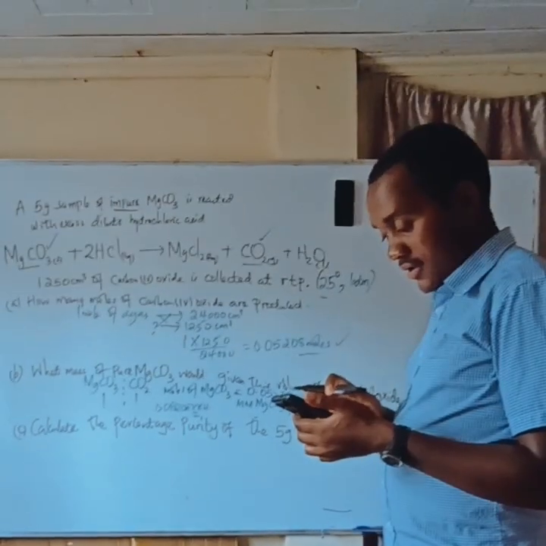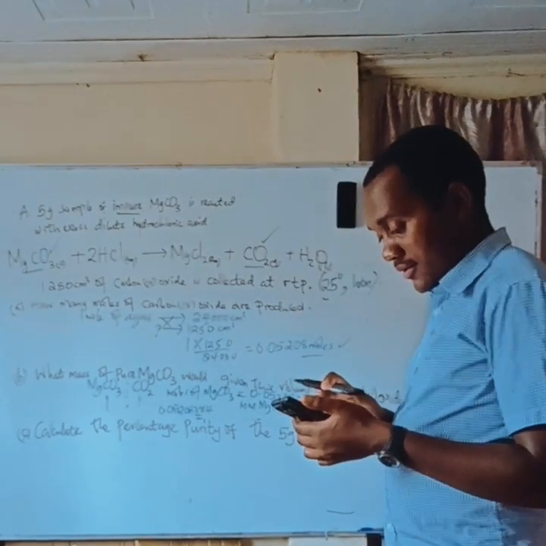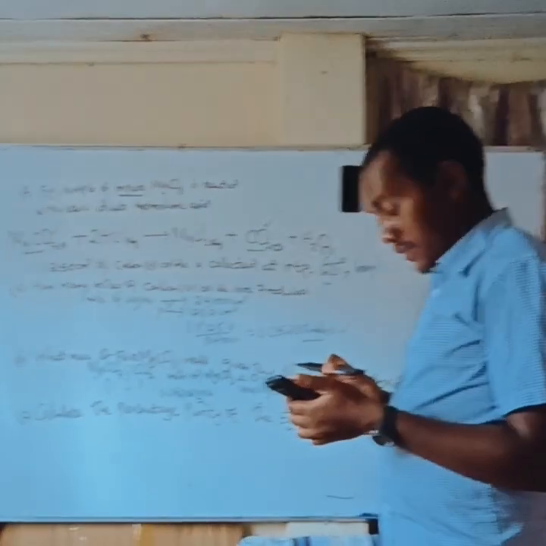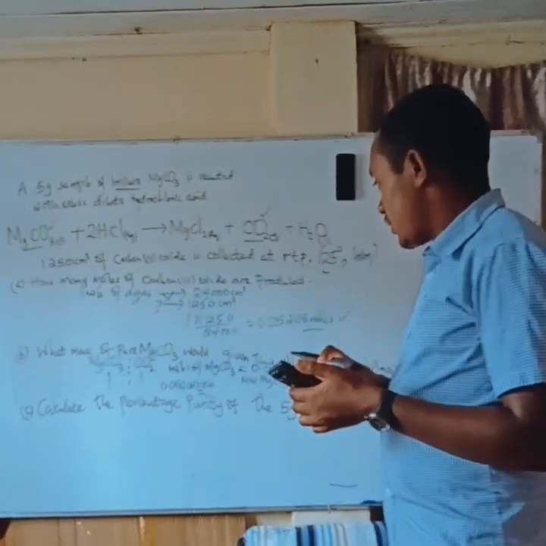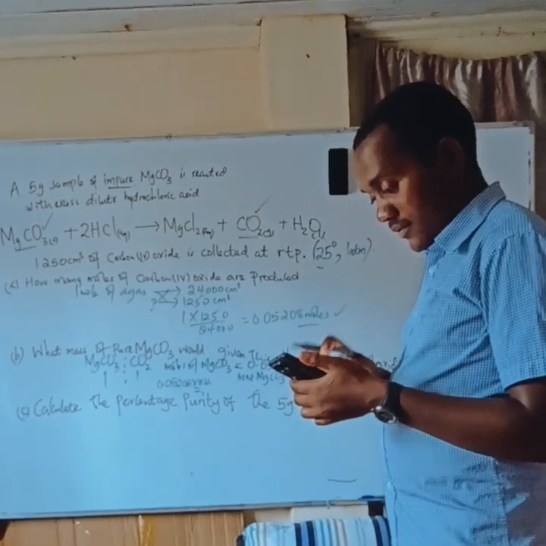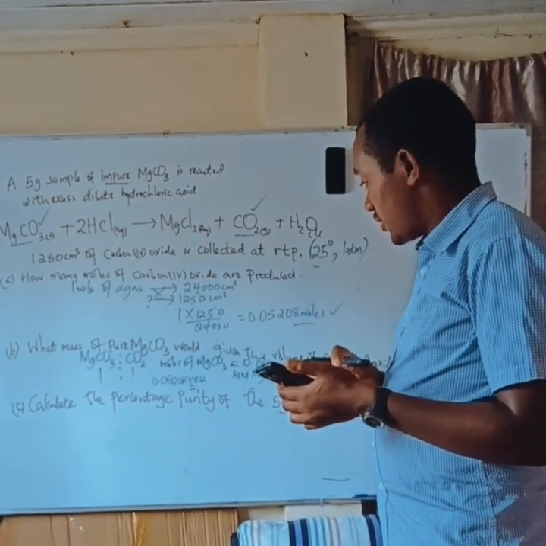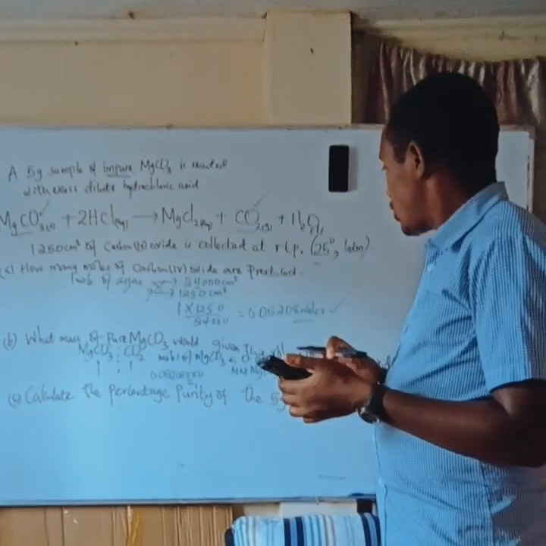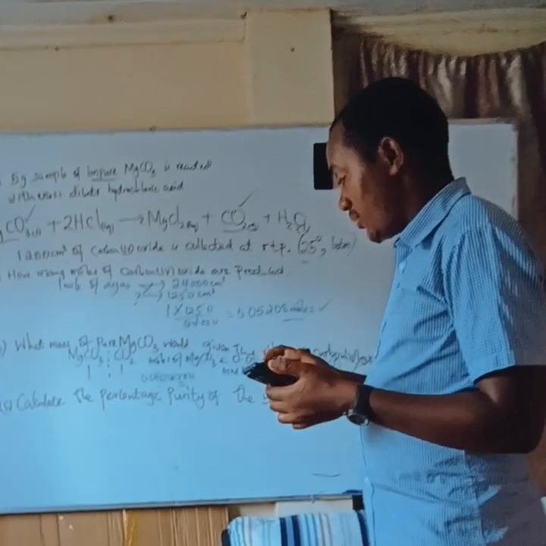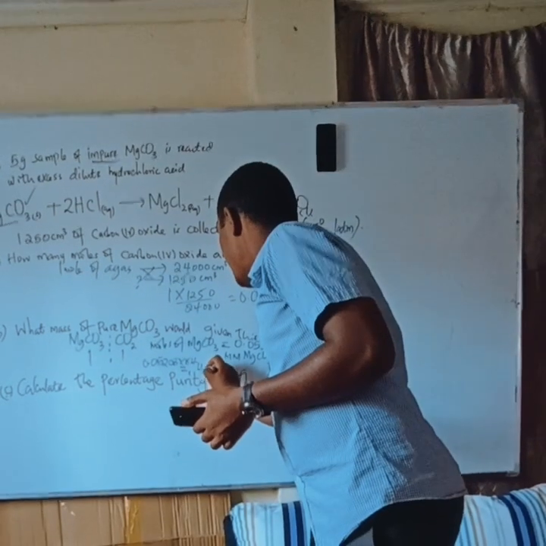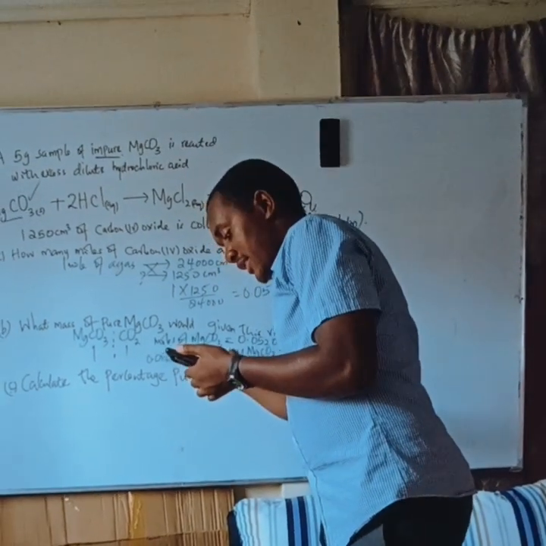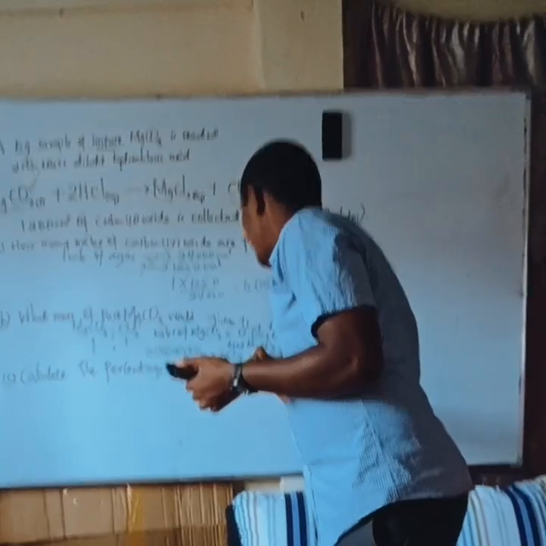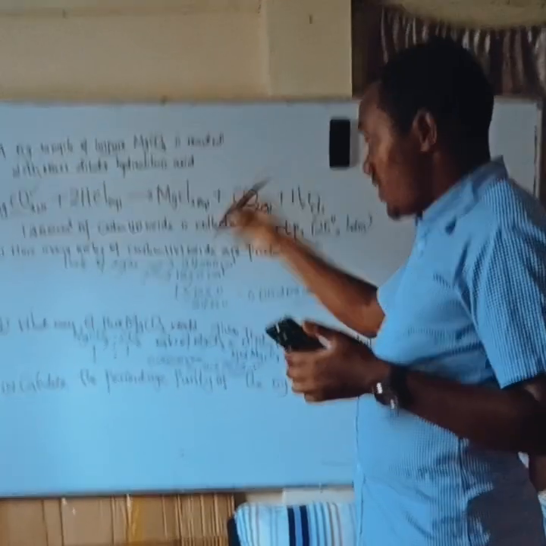It will be 4.3747 grams that is used in the impure carbonate.